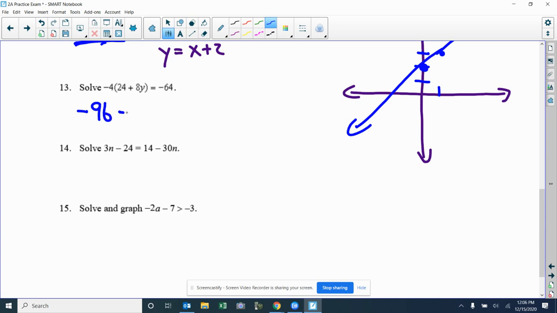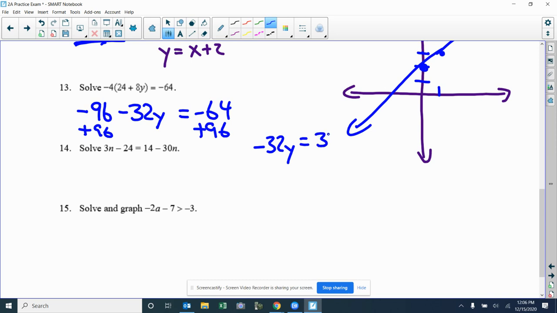Distributing that, we're going to get negative 32y is equal to negative 64 over those. We're going to add 96. You're going to end up with negative 32y equals 32. Negative 64 plus 96 is 32.